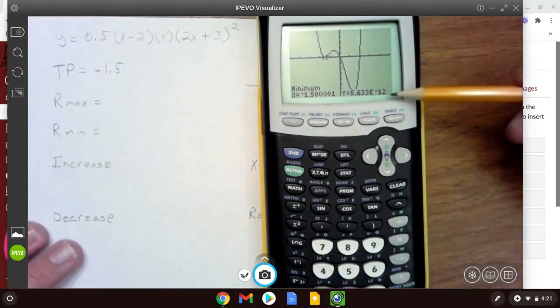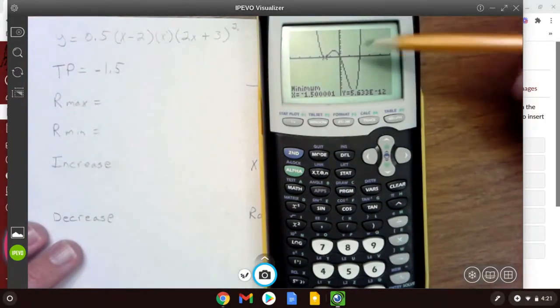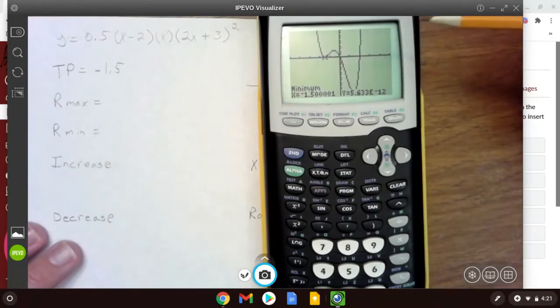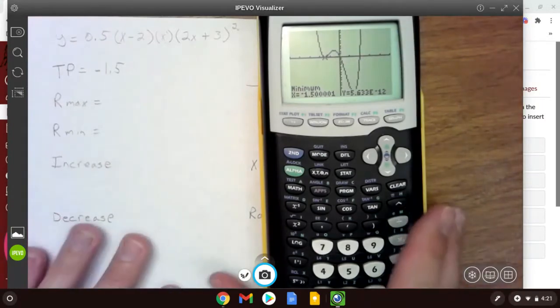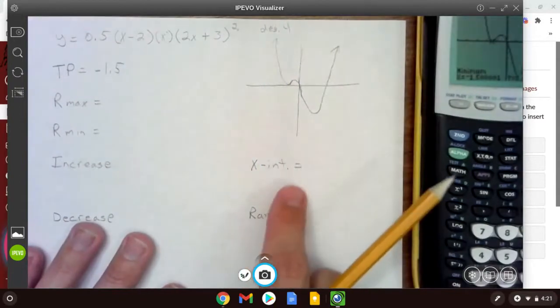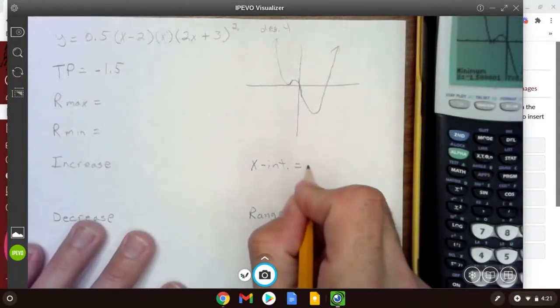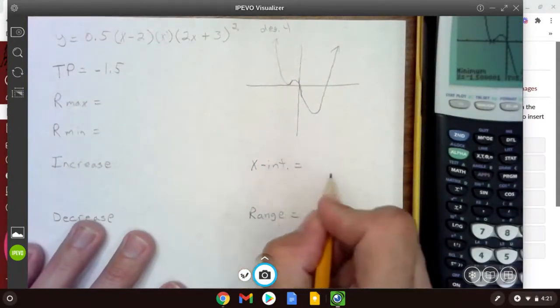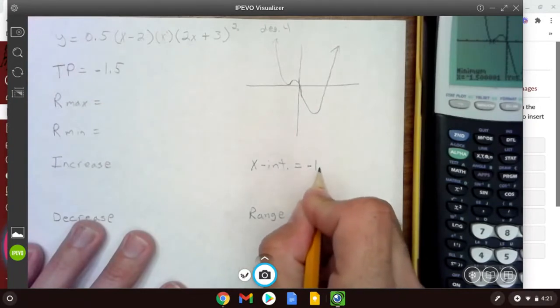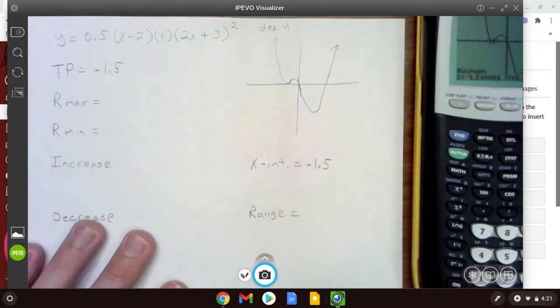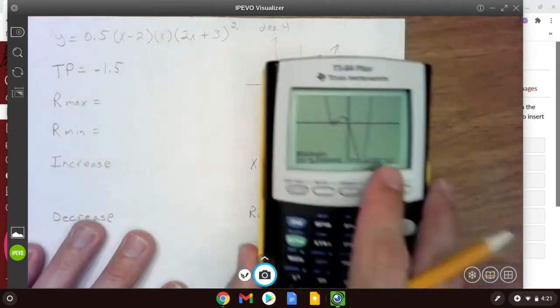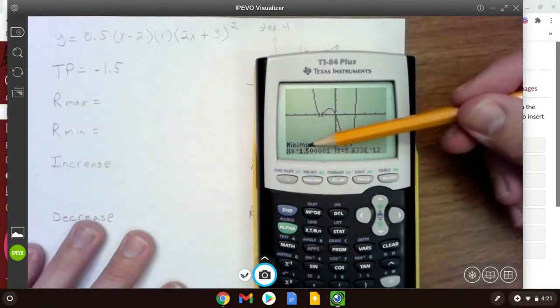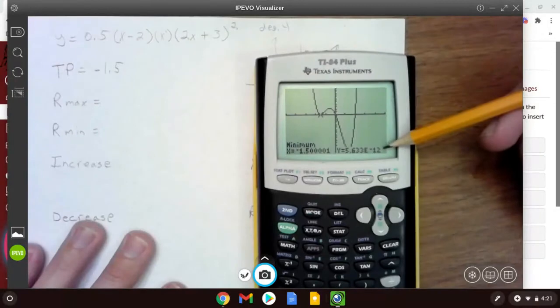Negative 1.5, and this is an x-intercept, and we are finding x-intercepts today. So the x-intercept occurs at negative 1.5. That's the first one. We know that because it's the x value where the y value is 0.